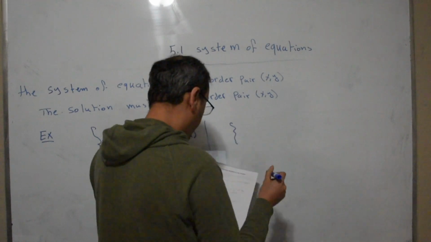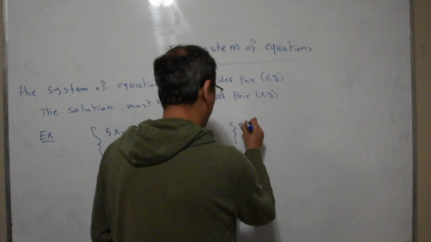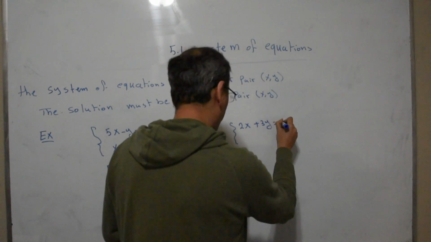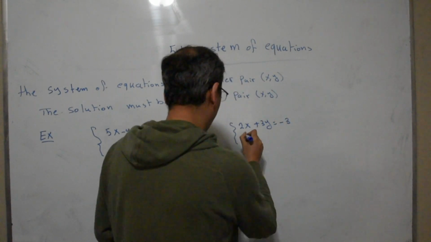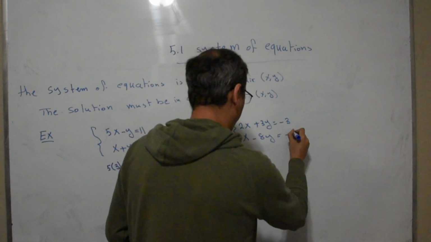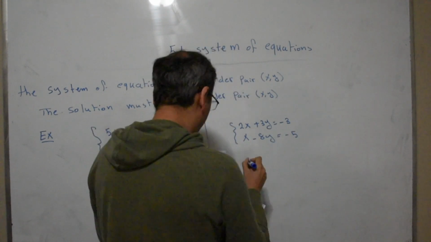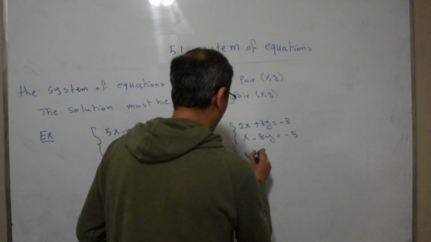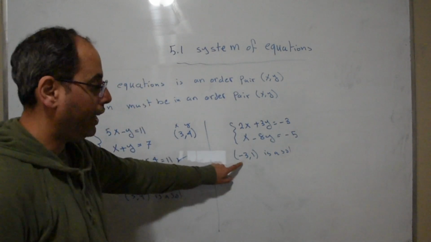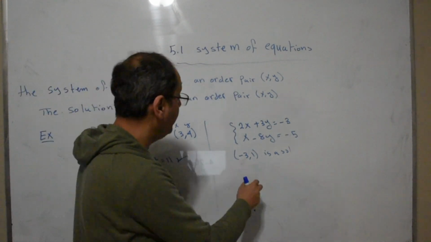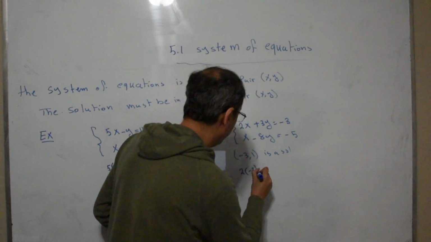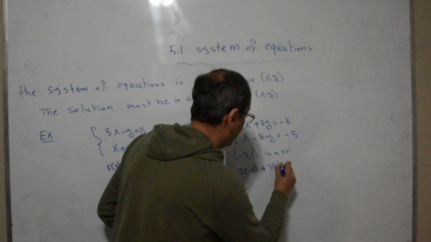We are given the system of equations 2x plus 3y equals negative 3, and x minus 8y equals negative 5. Now check if negative 3 and 1 is a solution. So x is negative 3, y is 1. So I'm going to plug in negative 3: 2 times negative 3 plus 3 times 1.